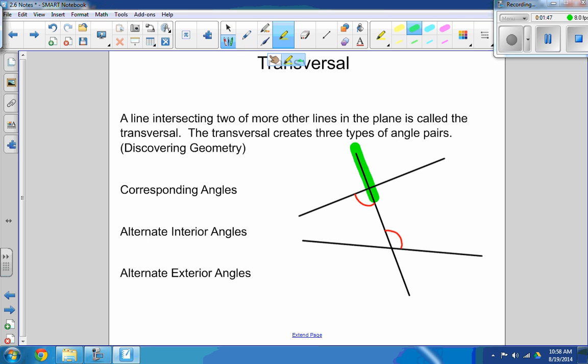They're on alternating sides of the transversal, and they are both on the interior of the two lines, one on each line. So that's one alternate interior angle pair. The other alternate interior angle pair would be these two angles.